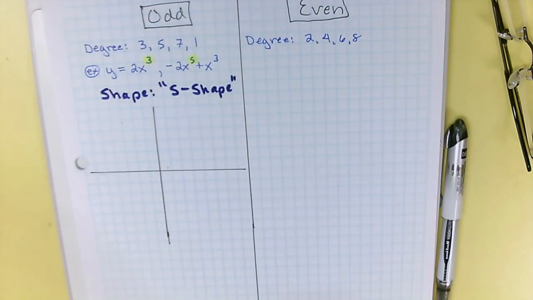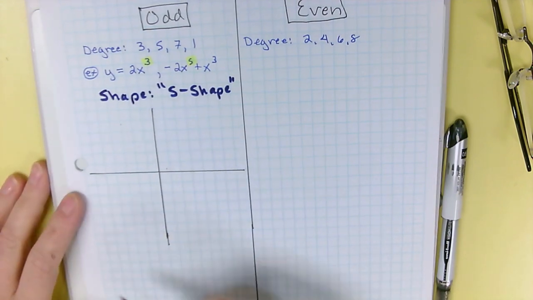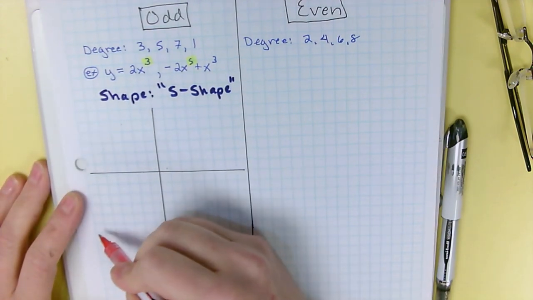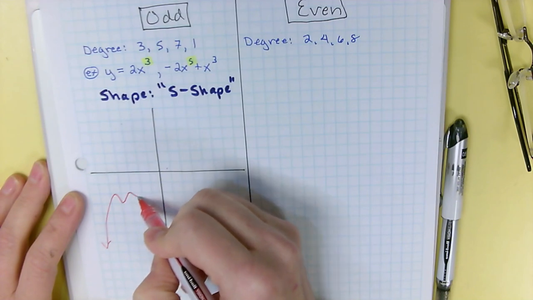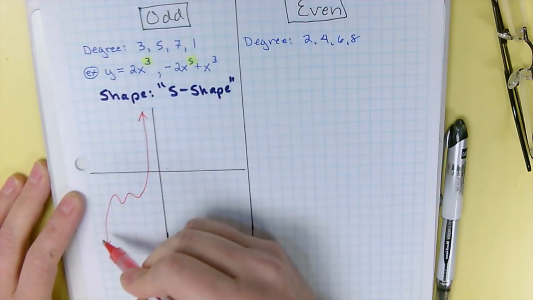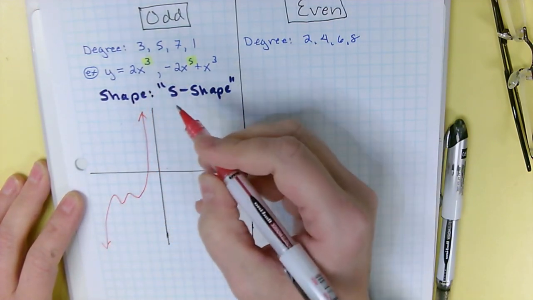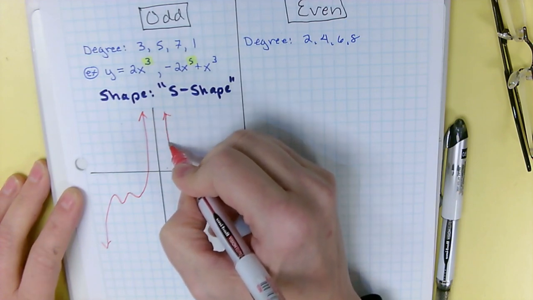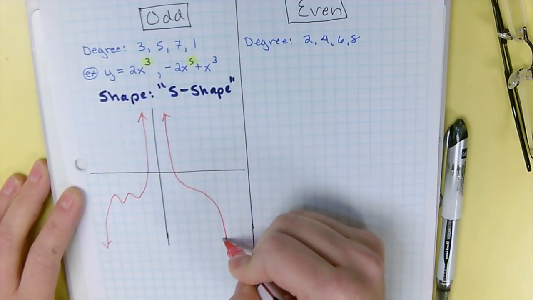An S-shaped function might have some extra bumps in it, but it forms sort of an S shape, either going up or going down. It can be completely smooth as well.